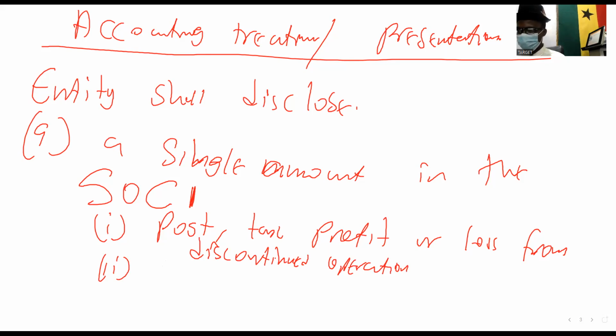Item number two you must disclose is the post-tax gain or loss on the measurement of the fair value.